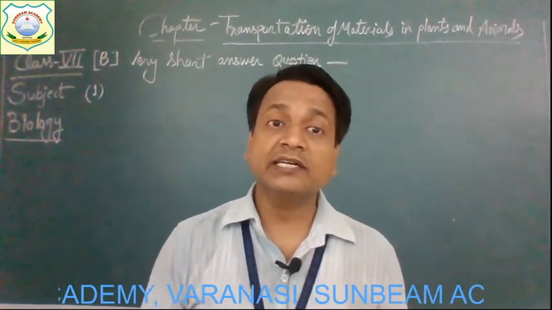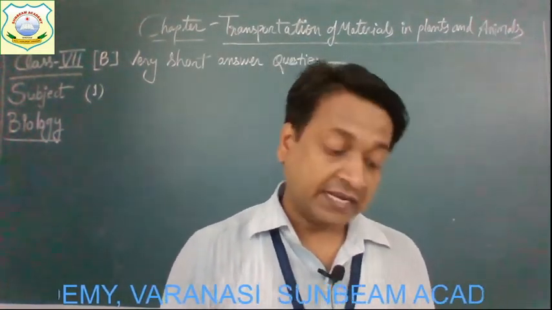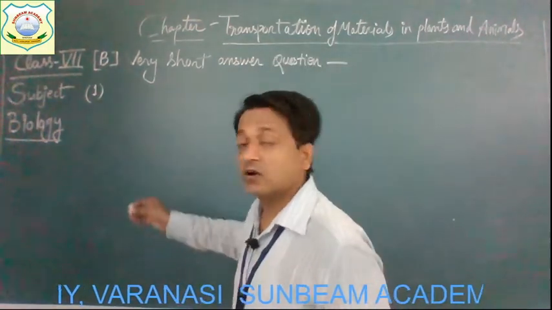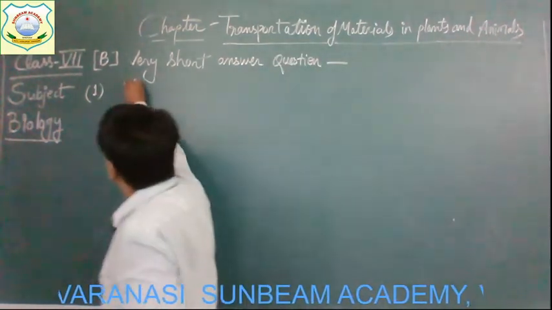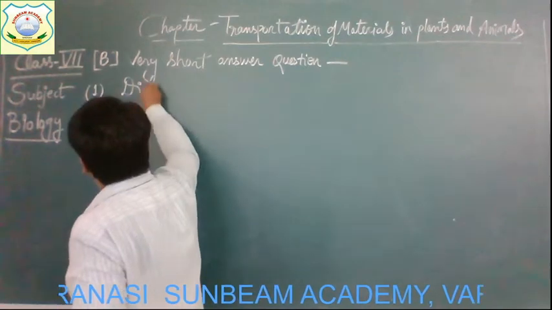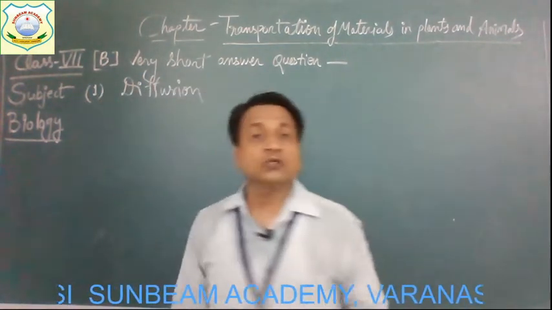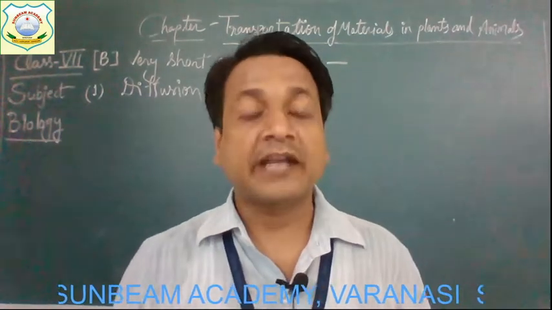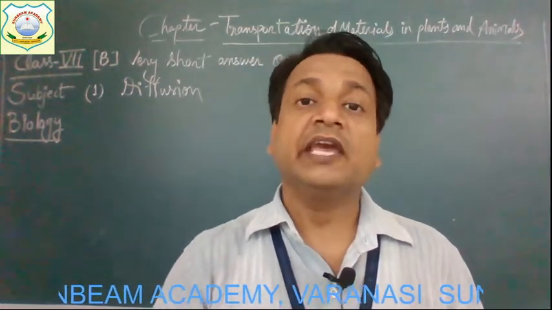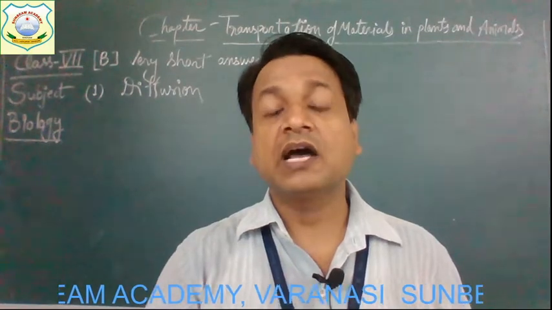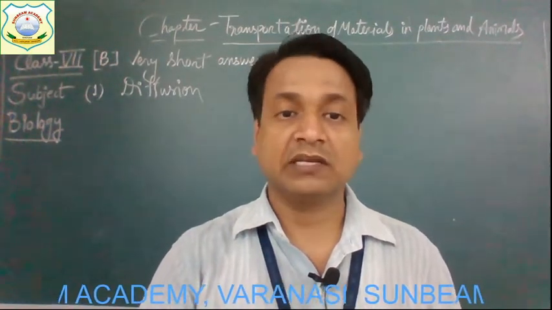So, how does it occur, children? Yes, it occurs by the process of diffusion. So you have to write the answer: the transportation of nutrients in unicellular organisms occurs by diffusion.